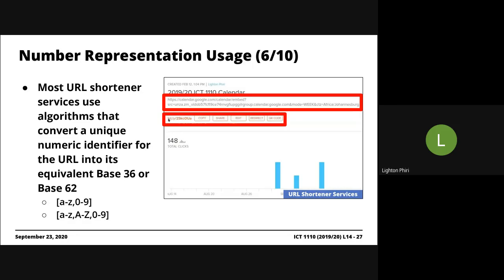So the way it probably works is that you use some sort of unique identifier associated with whatever link someone wants to shorten, and then you use that identifier, typically a number, to derive the equivalent base 36 or base 32 in this case, right? It's base 32 because you have uppercase alphabetical letters here. Do you understand this? Application domains, right?